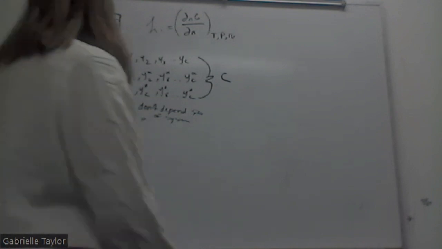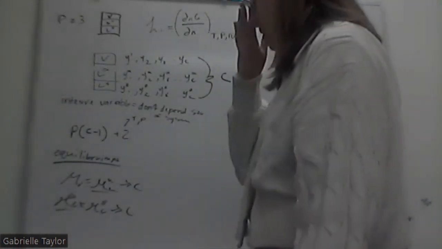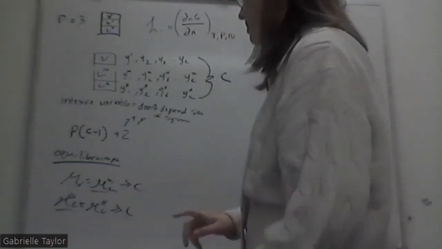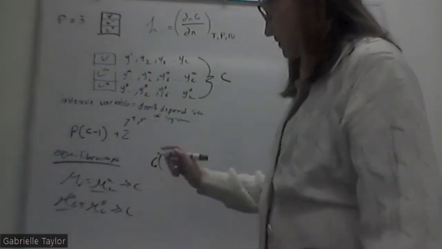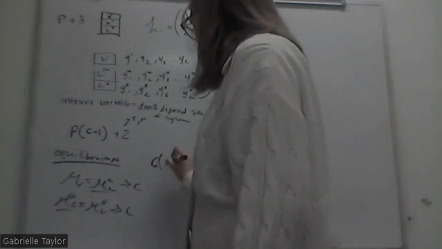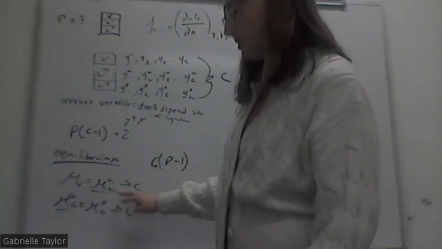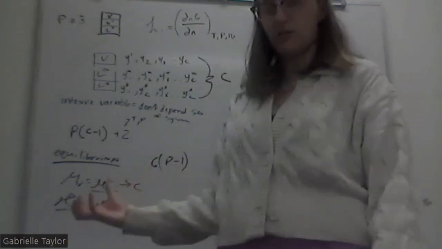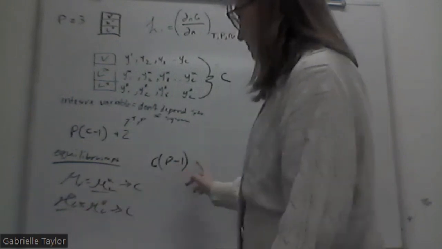The next thing we want to do is think about all these chemical potentials. These are going to be multiplied by the number of phases, P, and we have to do minus 1. Why we do that is because sometimes these equations equal each other and cancel out, so we need to account for that by subtracting 1.